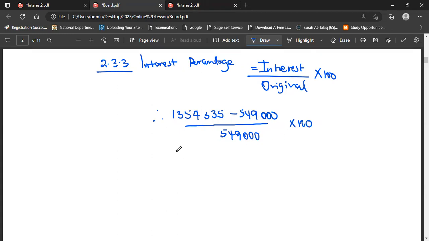So we shall end up having a percentage which is 146.69%. They said round off to one decimal place, so it becomes that much.